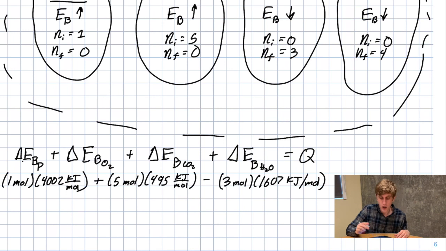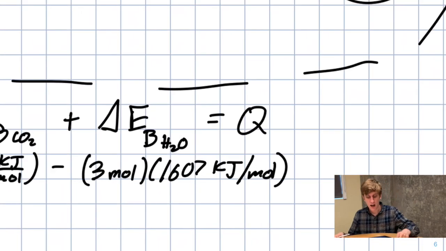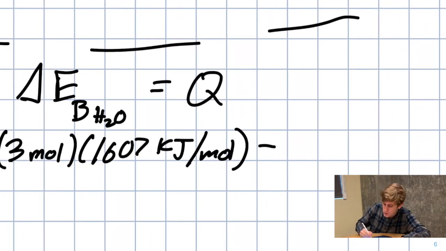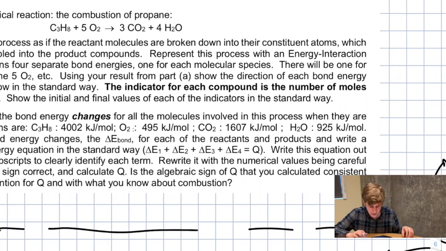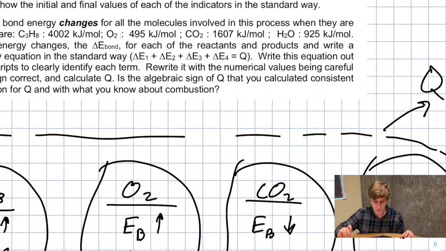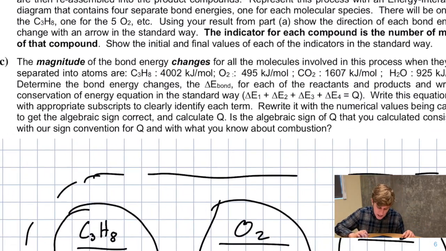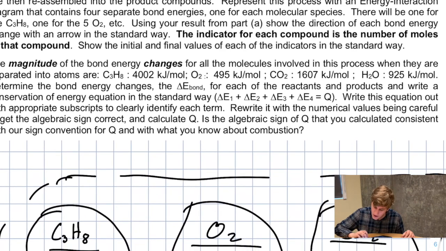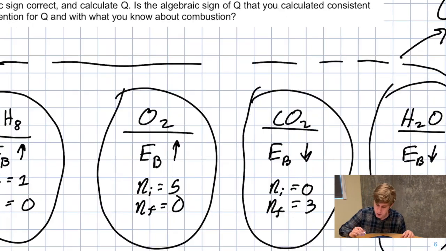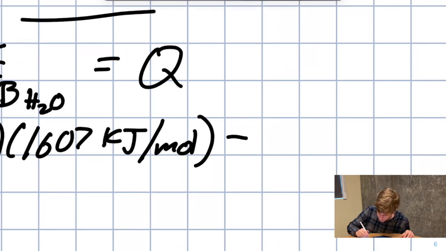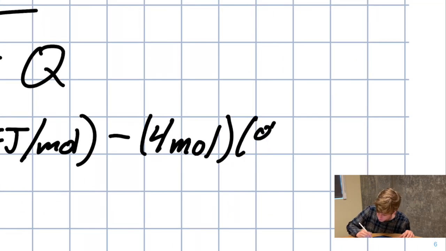Lastly, we'll look at the water. Just like with the carbon dioxide, bonds are being formed, so we expect the change to be negative. We're forming 4 moles of water, and it takes 925 kilojoules per mole to do this.